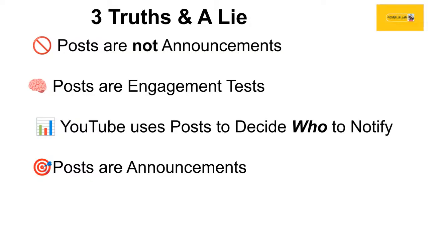One of them is a lie, and the other three are facts concerning posts. Remember that posts and community posts are the same thing. Tomato, tomato. Which one of these is the lie?